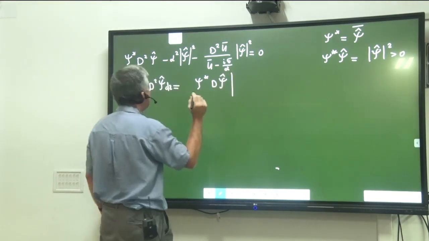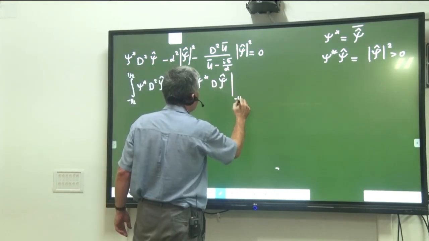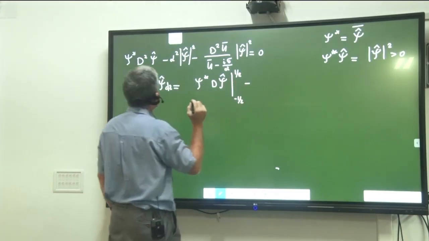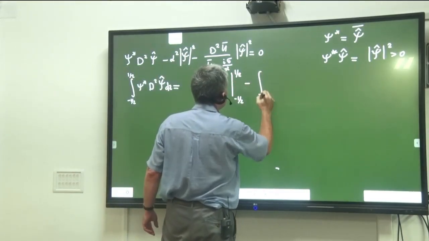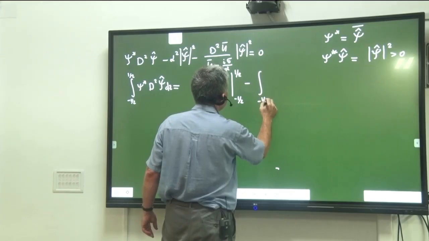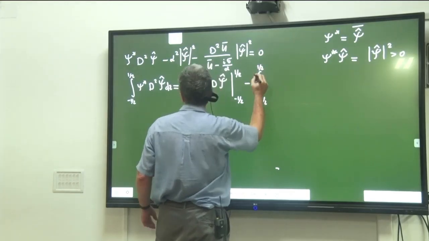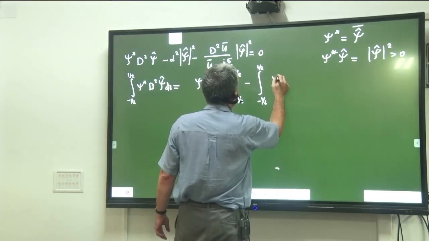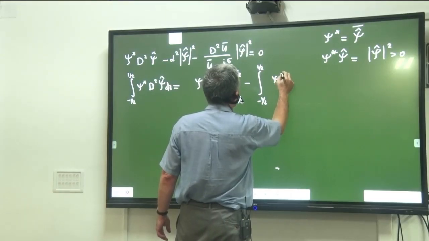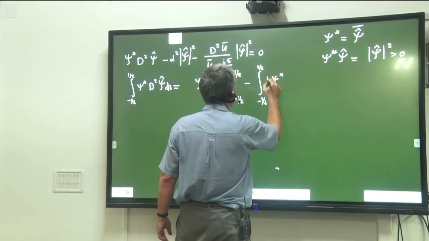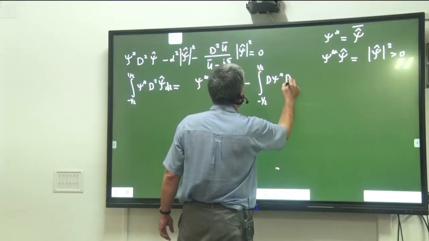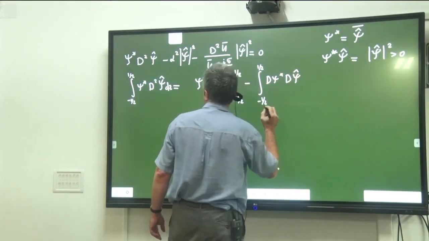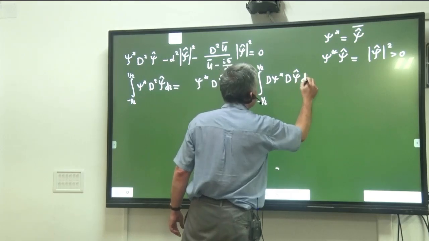Of course, evaluated between -1/2 and 1/2, and minus the integral between -1/2 and 1/2 over psi complex conjugate d psi hat dz.